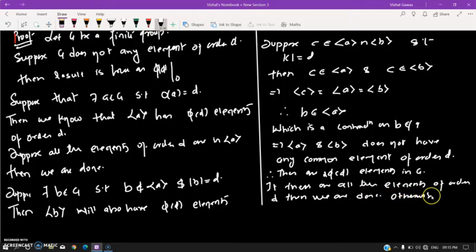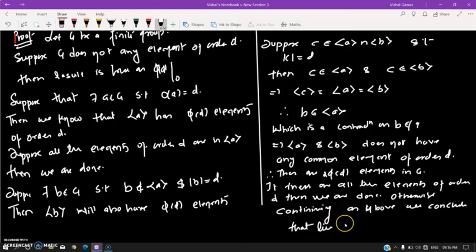Otherwise, continuing as above, if not, then I will have another element of order D. It will generate a subgroup which will also have exactly phi of D elements, and they will not have any common elements with the others.